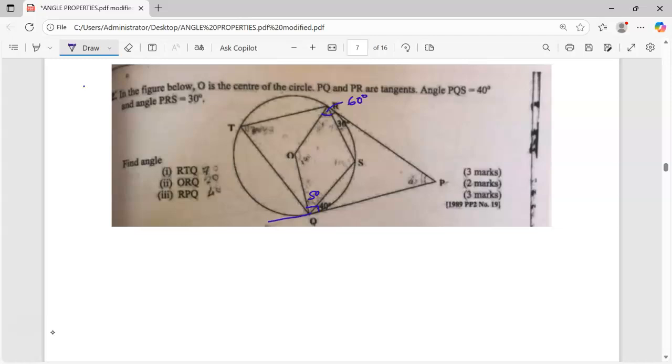Once we have that angle, we can proceed. We are going first to drop a line downwards from R to Q, such that we are going to have the angle at this point, which is 40. We are also going to have 40 degrees at this point.